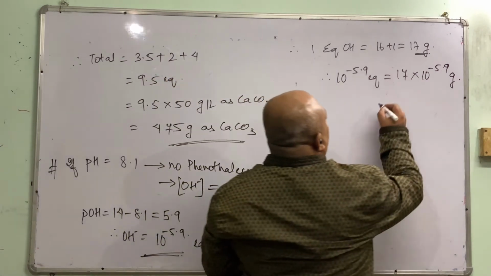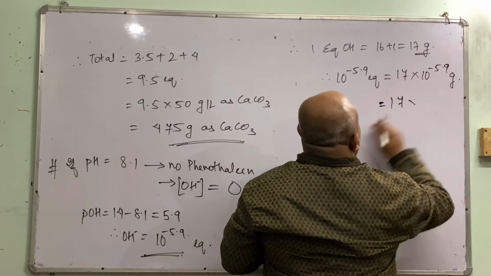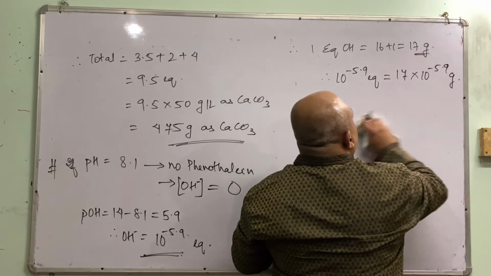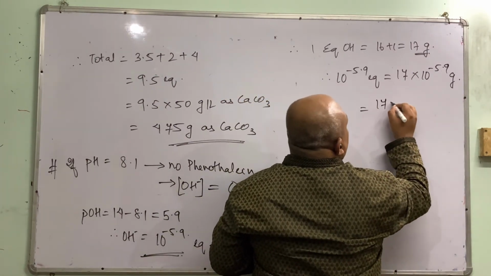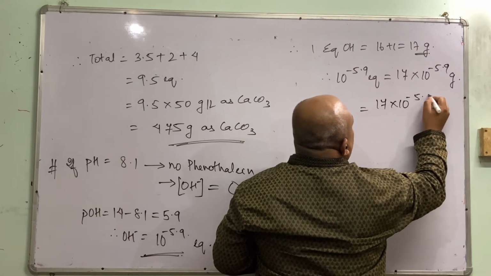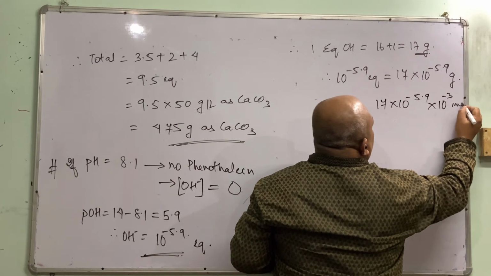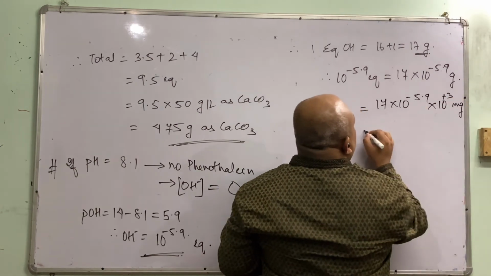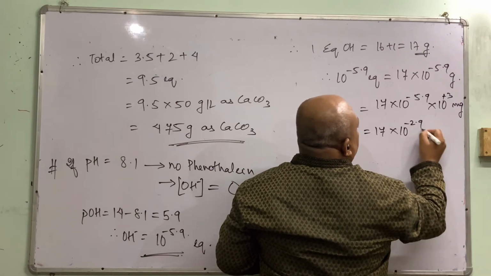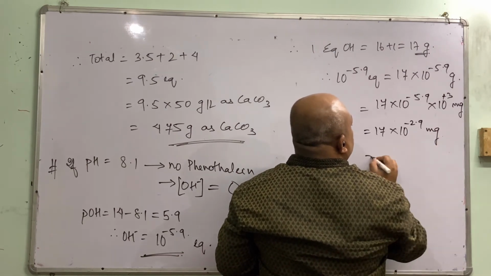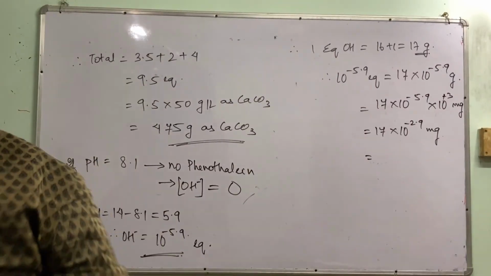If you want to convert into milligram, it is 17 into 10 to the power minus 5.9 into 10 to the 3 milligram, which is 17 into 10 to the power minus 2.9 milligram.